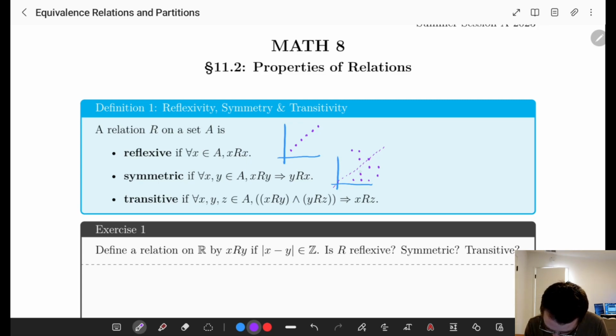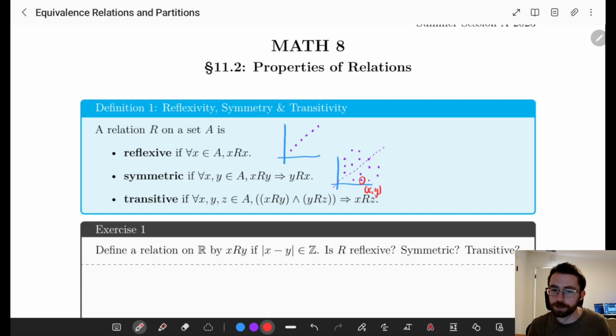Let me make sure I get this right. That looks symmetric to me, roughly. So if you've thought about it, then here's x, y, say.